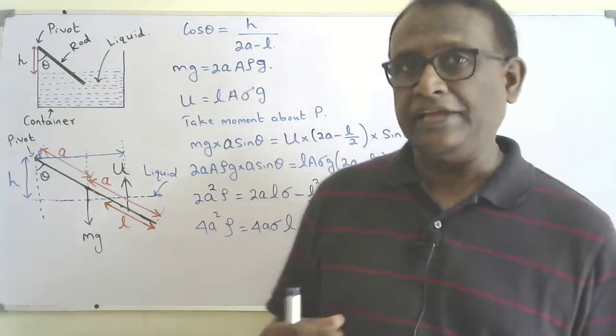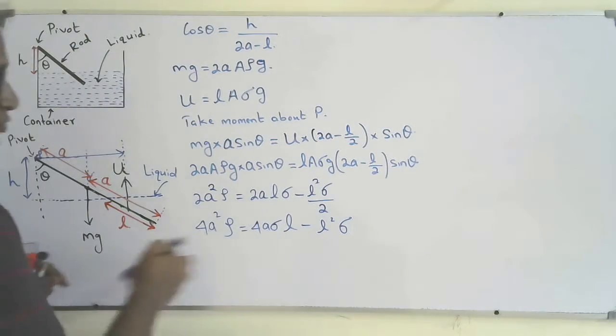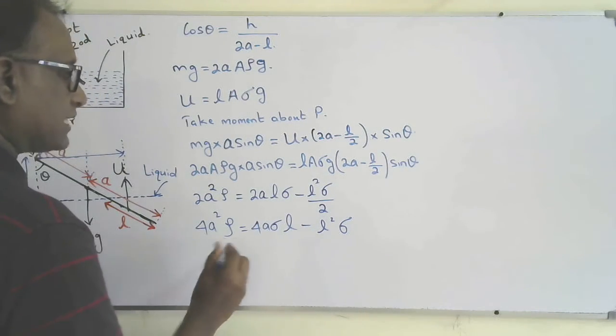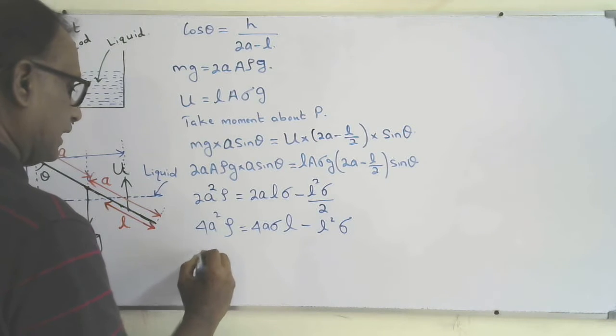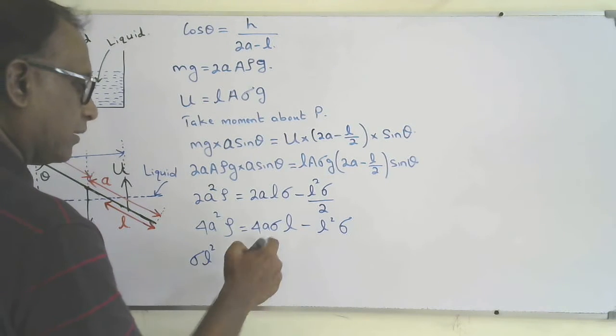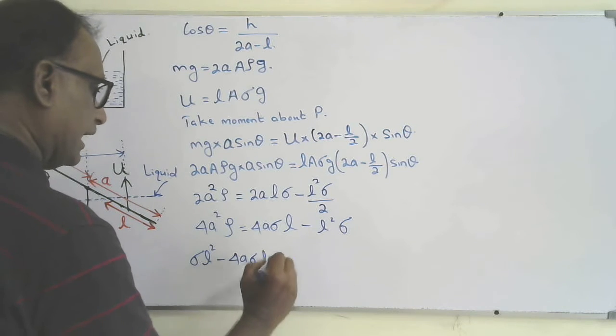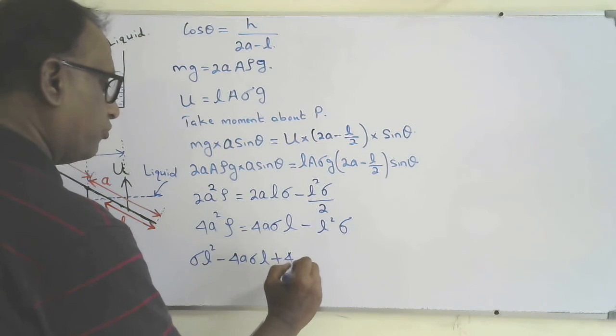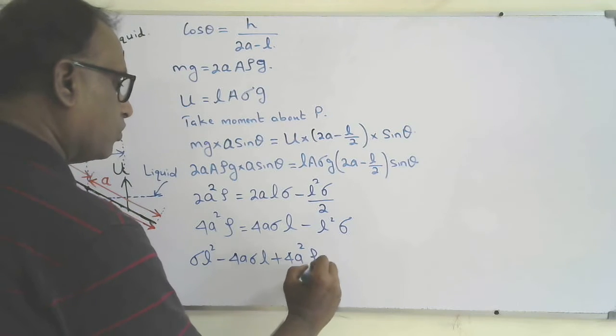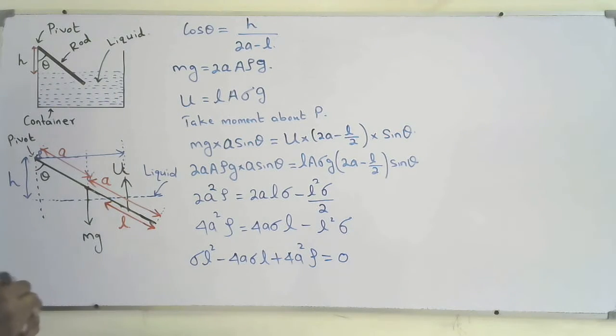So it's a quadratic equation. So I can rearrange this one. I can bring it to the left side. I can say sigma L squared, bring it to the left, minus 4a sigma L plus 4a squared rho equal to 0.